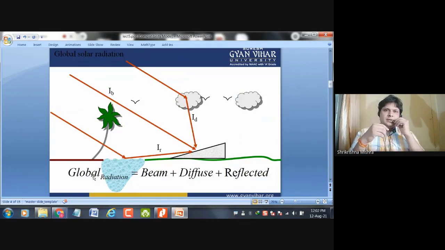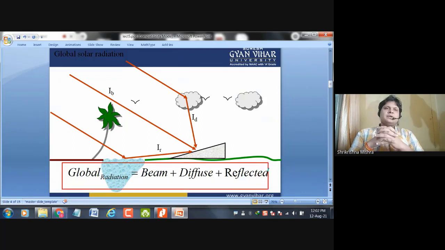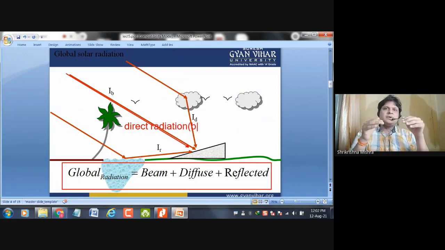Now total radiation, if you calculate what is the total radiation that is coming onto the earth, then we can say that the total radiation coming onto the earth surface is the global radiation. So global radiation will be what? It will be the one which is coming directly on the surface of the earth, which is the beam radiation. These are known as direct radiations, students. They are also known as your beam radiations.